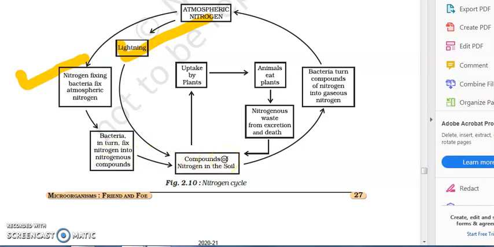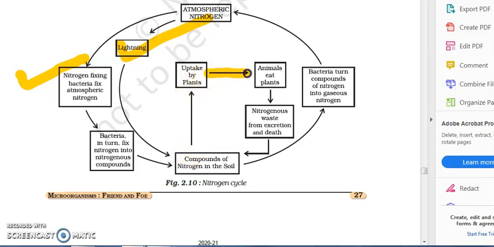When these nitrogenous compounds are in the soil, the leguminous plants take the nitrogen from the soil with the help of roots, and in the roots they have a bacteria, rhizobium. They take the nitrogen from the soil and the plant takes the nitrogen.